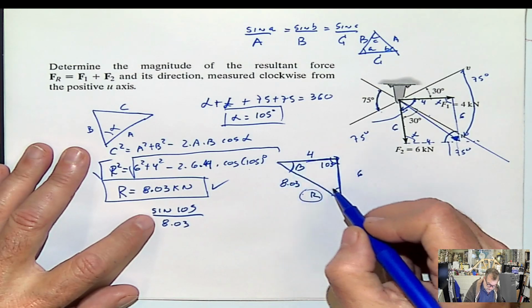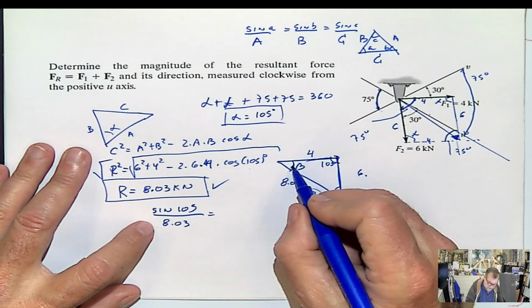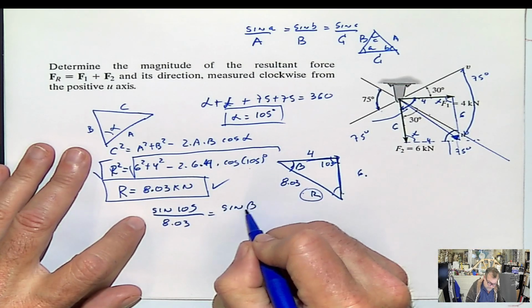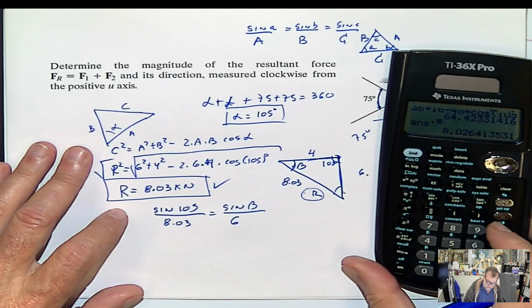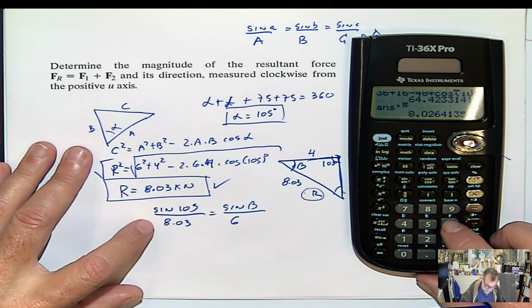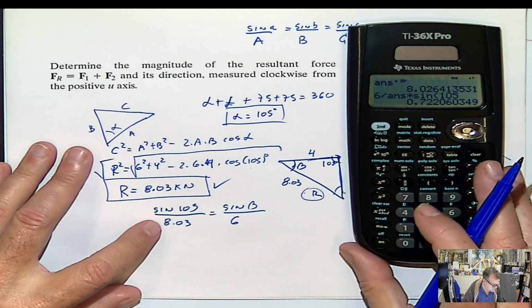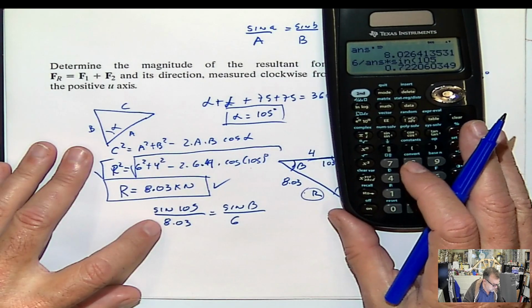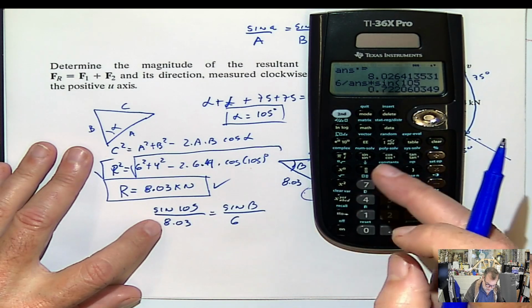Sine of this angle divided by the opposite has to be equal to sine of beta divided by 6. And from here you can calculate beta. So you can say 6 divided by the previous answer multiplied by sine of 105, and then you get 0.72. That will be the sine of the angle.